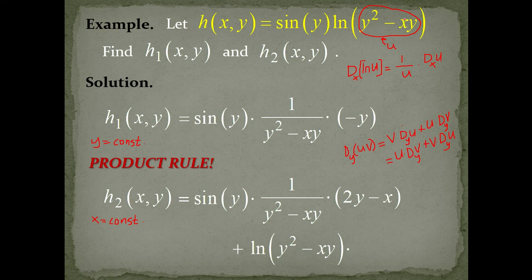Then the derivative of y with respect to y is equal to 1, times x, so we have x, and that is negative because this is negative.